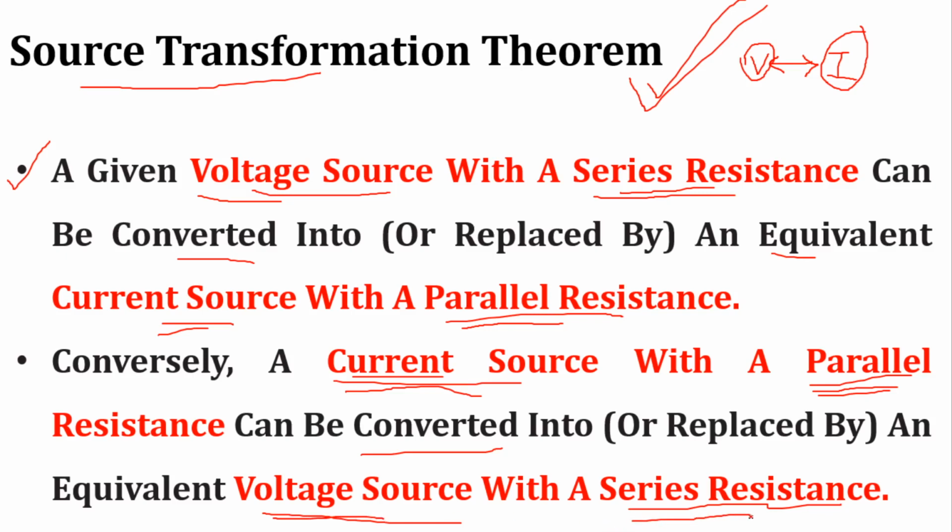So this is the statement of the source transformation theorem. Now let's see how we can convert a voltage source into a current source and a current source into a voltage source.